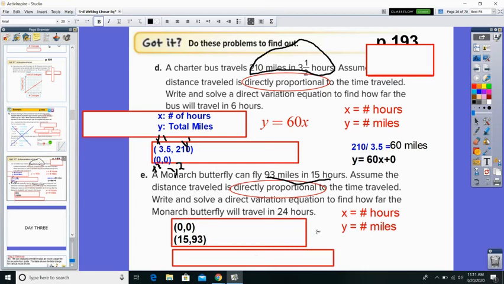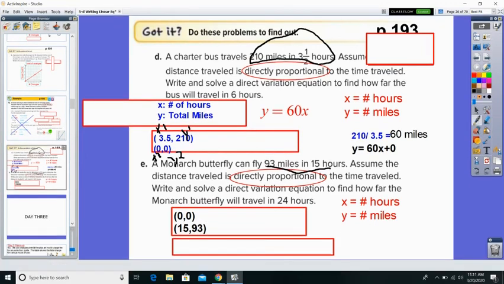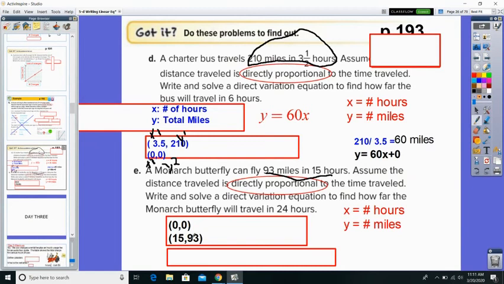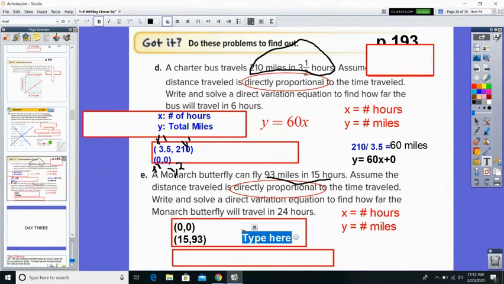Now, if I use my slope formula, it would be y2 minus y1. So it would be 93 minus 0, which I know is 93, over 15 minus 0, which is 15.